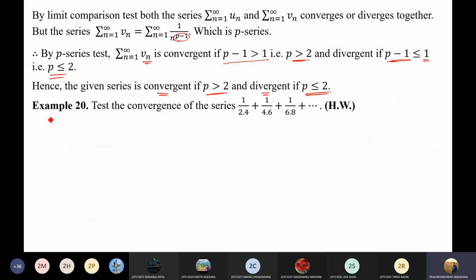So now note down this example in homework, example number 20, and try to solve this example yourself.